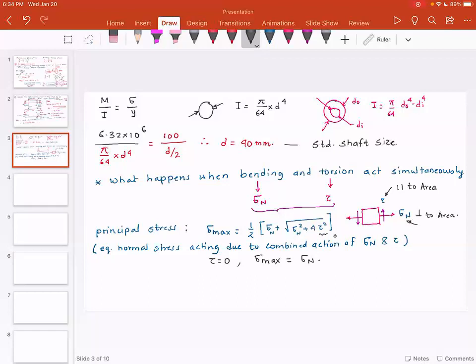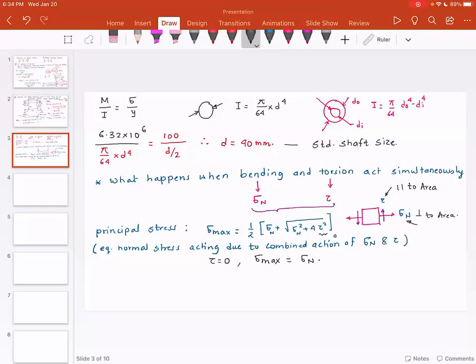So when these two stresses act together, and probably you studied this by drawing Mohr's circle, they give rise to a resultant stress. Now that resultant stress, if you resolve it perpendicular to the area, is nothing but the principal stress.